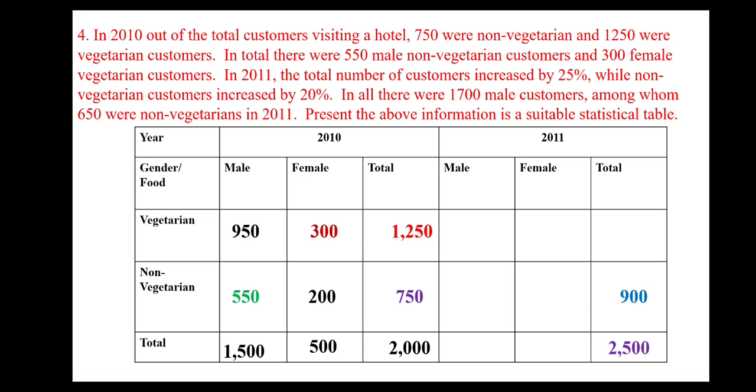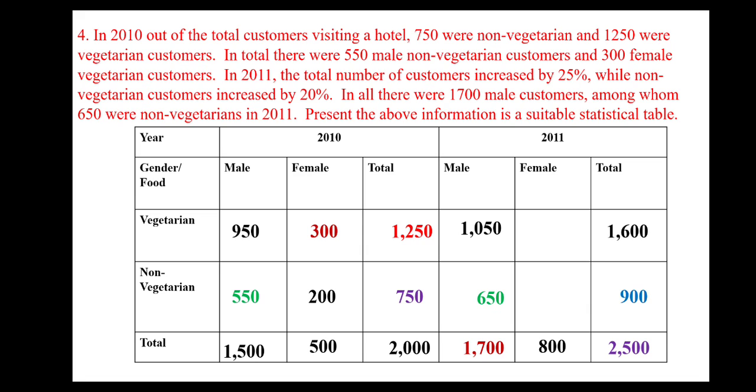Then in all there were 1700 male customers. Male customer total is 1700, of which 650 were vegetarians. So the remaining we can fill: 1700 minus 650 gives 1050. Then 2500 minus 1700 gives 800.